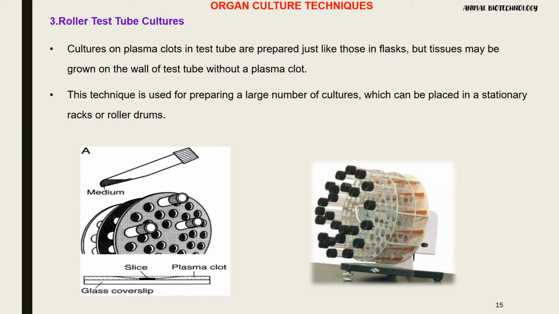Another alternative method is to create plasma clots on a cover slip and place the explants on that. The cover slip is then inserted into the test tubes with the media. This technique is used for preparing a large number of cultures which can then be placed on stationary racks or roller drums.